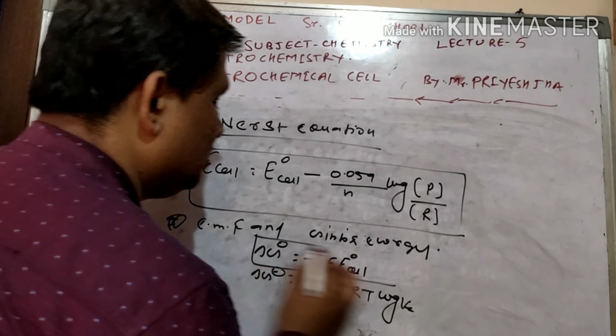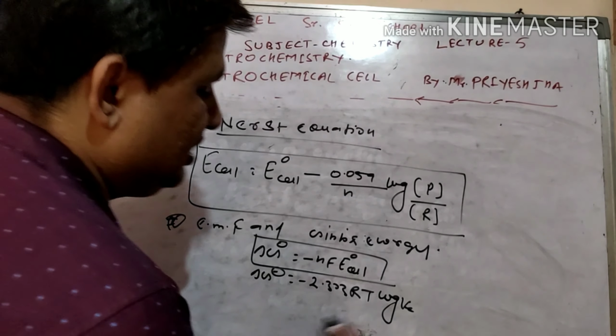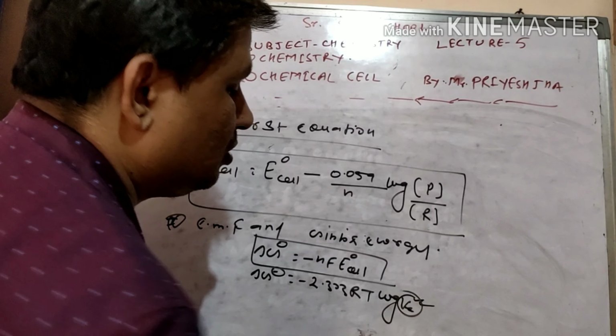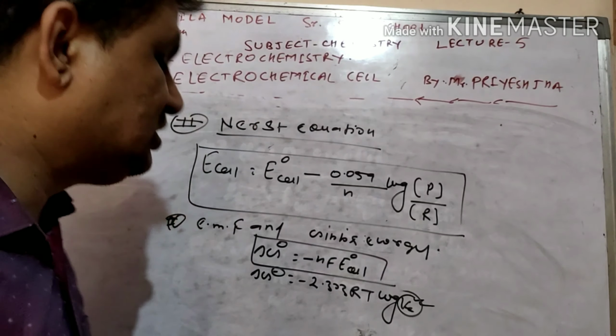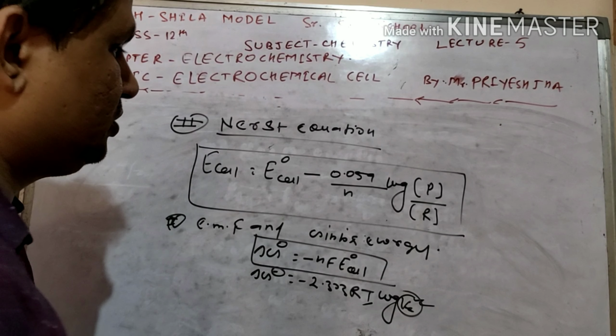The first formula is used when the EMF is given, and the second is used when the equilibrium constant is given at a particular temperature.